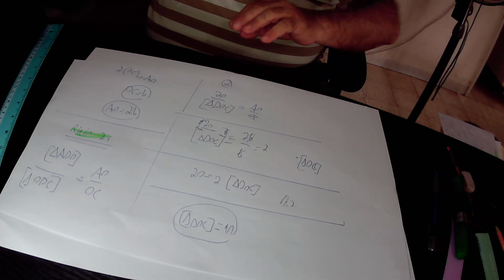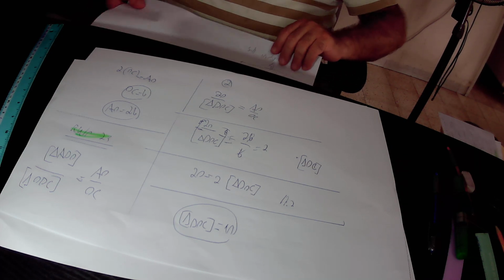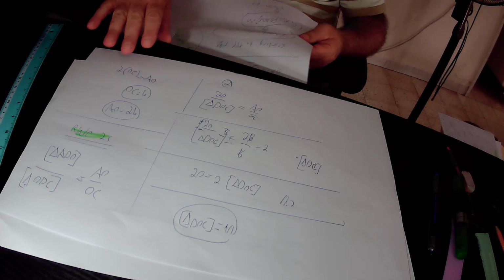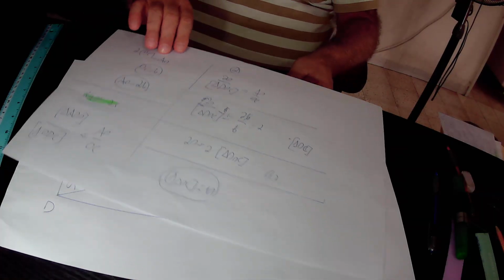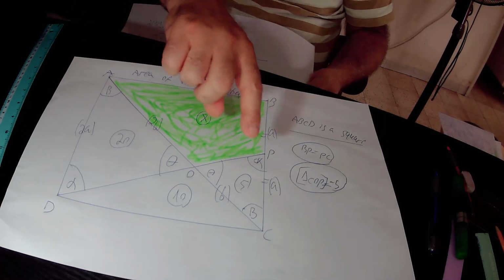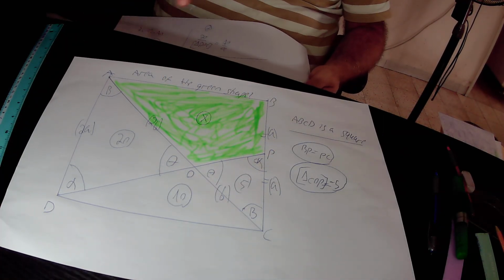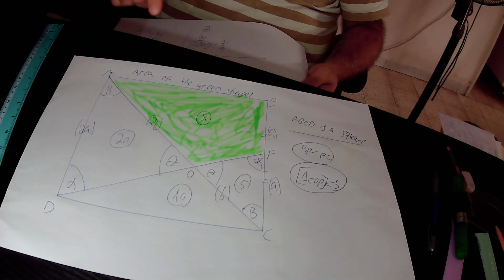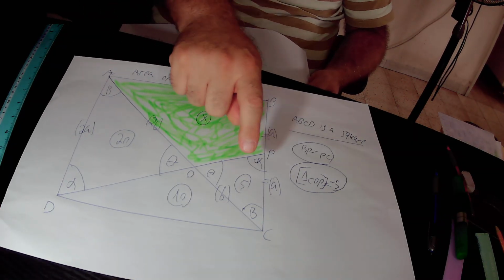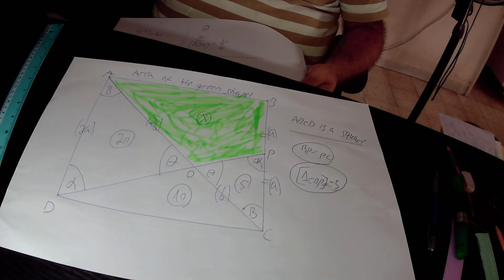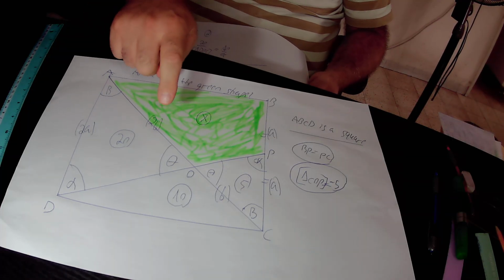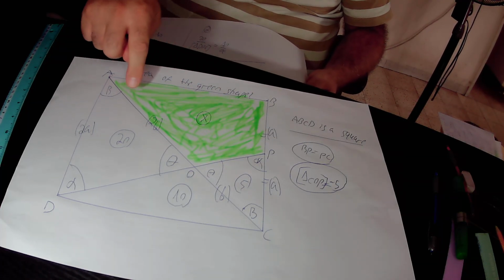That is to say, if the length of this side OC is B, then the length of side AO is 2B. AO is twice as long as OC. So OC is B and OA is 2B.